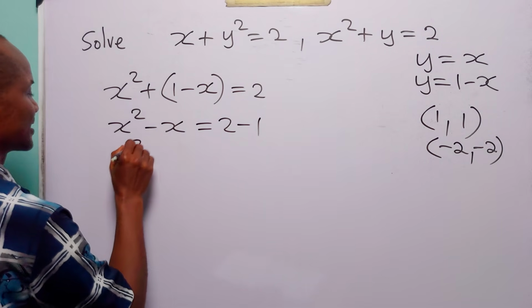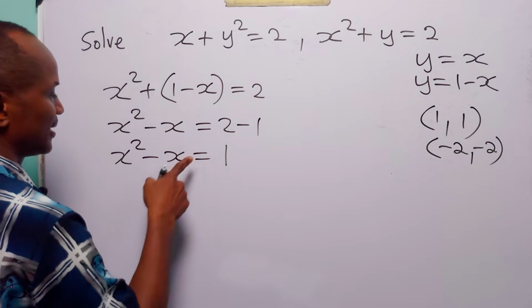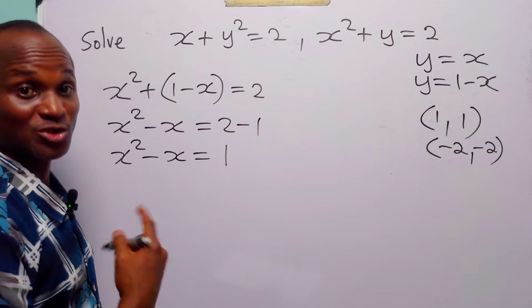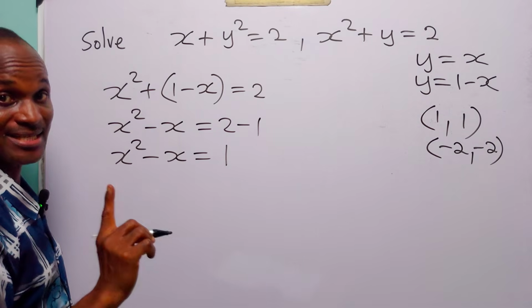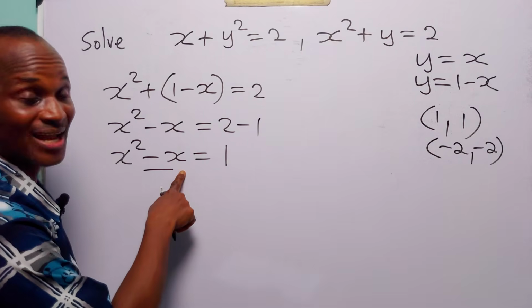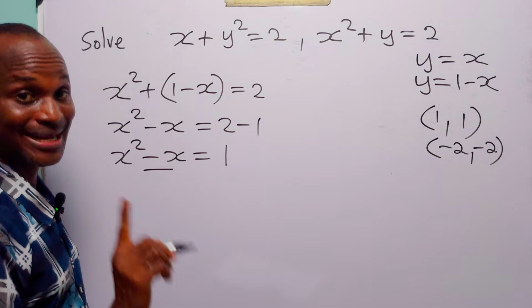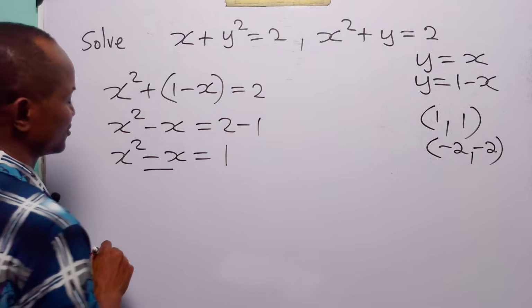We have x squared minus x is equal to 1. Now we can solve this quadratic equation by completing the square. Since the coefficient of x squared is 1, the next thing we are going to do is divide the coefficient of x, that is minus 1, by 2, square it and add to both sides of the equation.